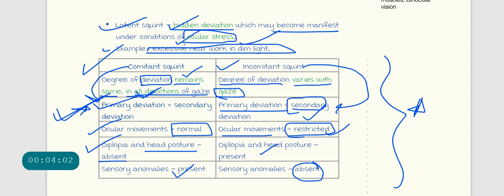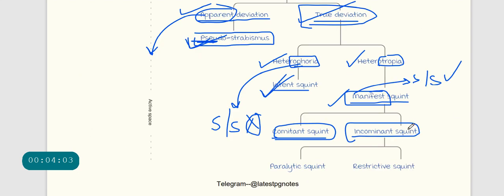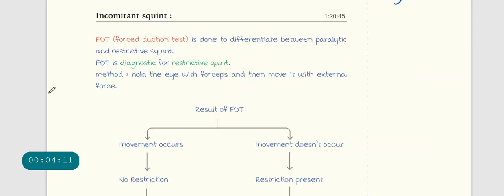Further, the incomitant squint is divided into two, that is paralytic and restrictive squint. The test to differentiate between paralytic and restrictive squint is known as FDT, also called the forced duction test.